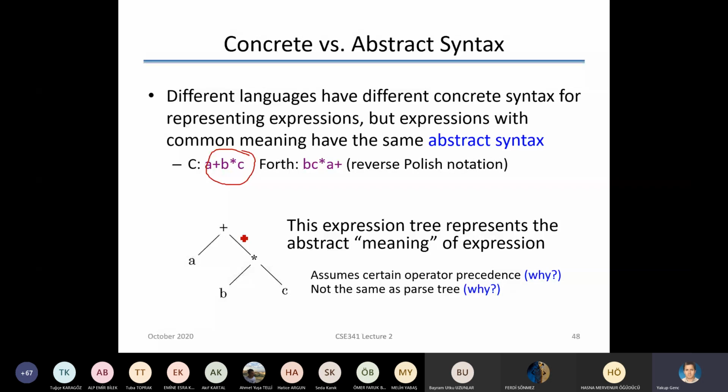This says, okay, now B and C was multiplied, and I have a temporary value at hand. Then I will have A added to it. So this is reverse Polish notation.